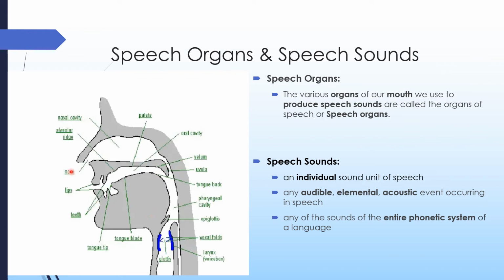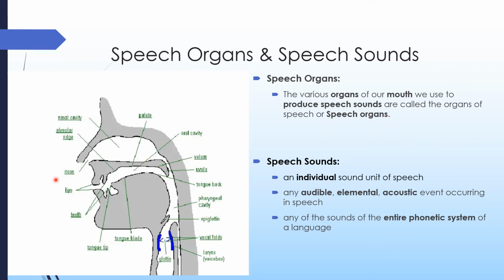Look at this here. You could have known the nose, the lips, the teeth, and then tongue, oral cavity and nasal cavity. That's it. But lots of organs are there which produce the sounds you use in a language. That's why these organs are referred to as speech organs.